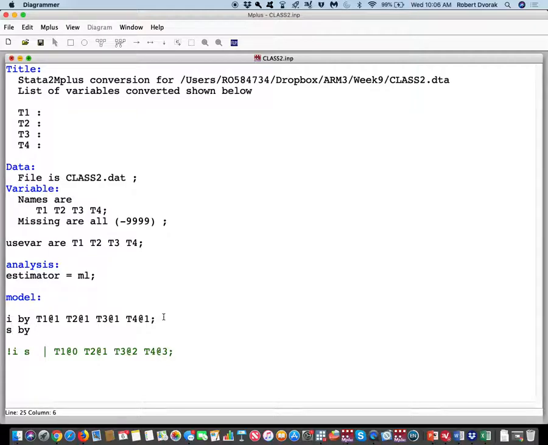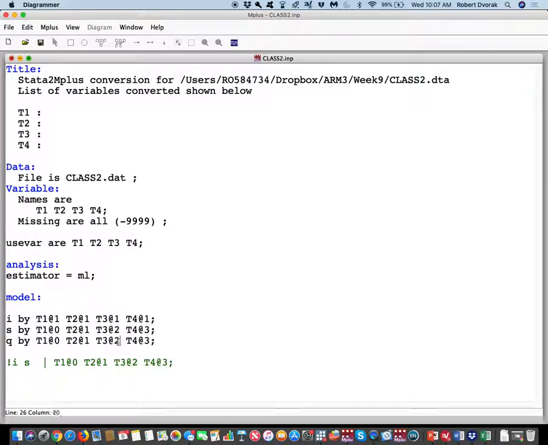S by this, and then Q by, that would be 0, that would be 1. What would this number be? What did we do in regression? 4. And this one would be 9, right?